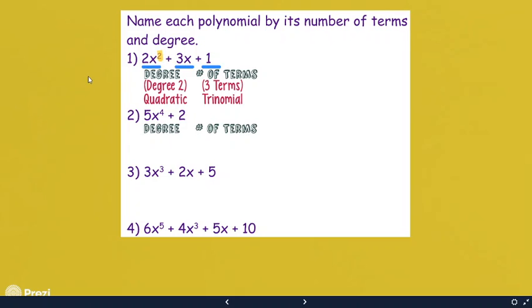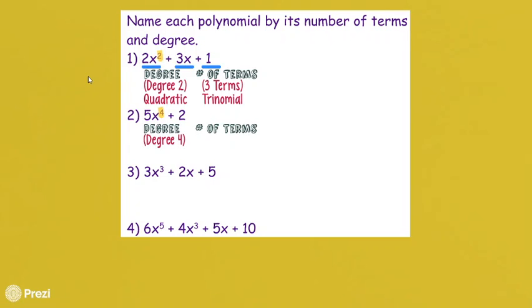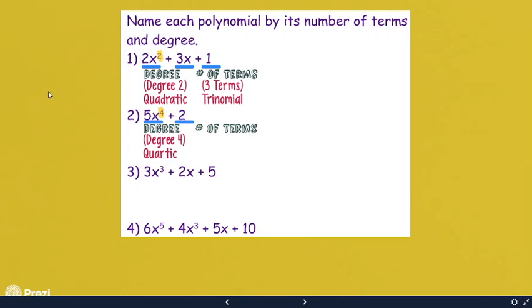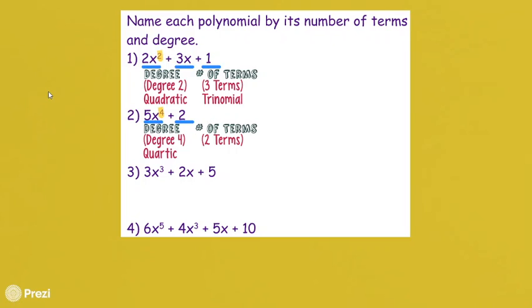So it's degree 4, and the special name for degree 4 is... You guys always know the right answer. It is degree 4, which is a quartic. So that's a quartic polynomial, and it has a total of 2 terms, which means the special name for 2 terms is a binomial. So this is a quartic binomial.